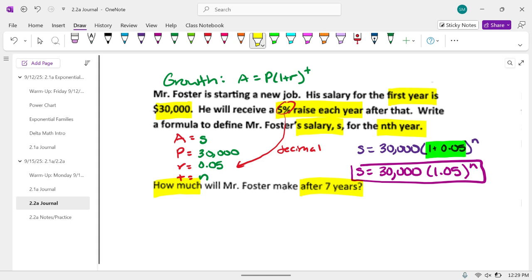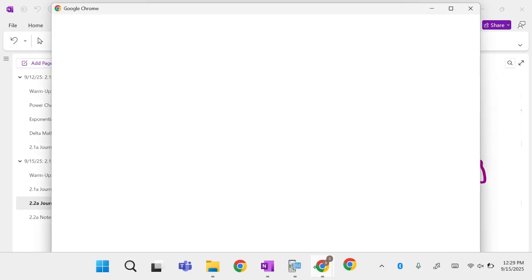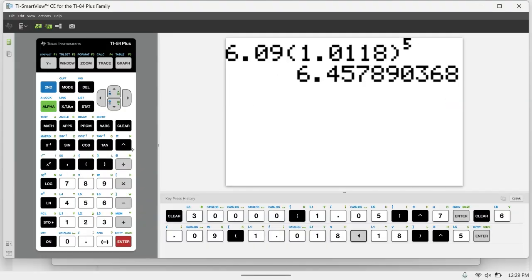N. So 7 is just going to go in for N. So I have S is equal to 30,000 times 1.05 raised to the 7th power. And then there's no solving or anything crazy like that. All we have to do is take this and put it in our calculator. So take a minute, throw that into your calculator, and if you just type it in as you see it, it will pop up.